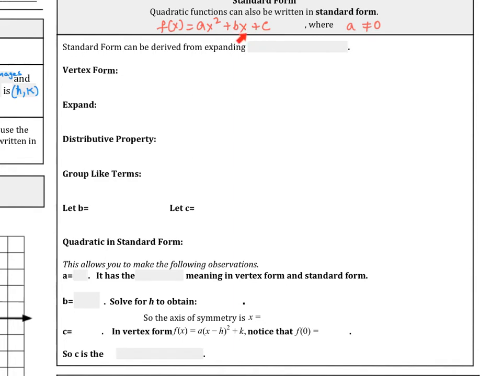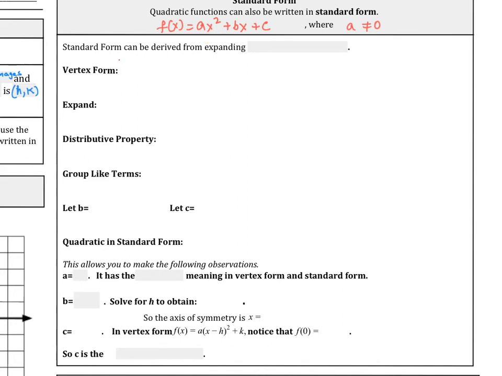That is not a quadratic equation or function anymore. bx plus c is a type of mx plus b, which is a linear equation. So it's important to have the x squared term because we want to discuss the quadratic function.